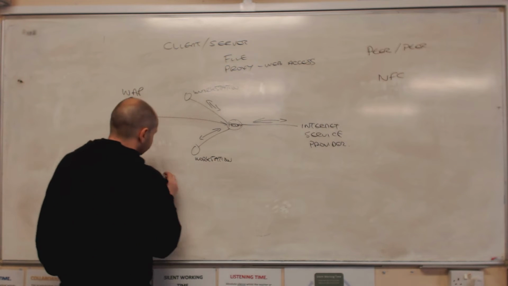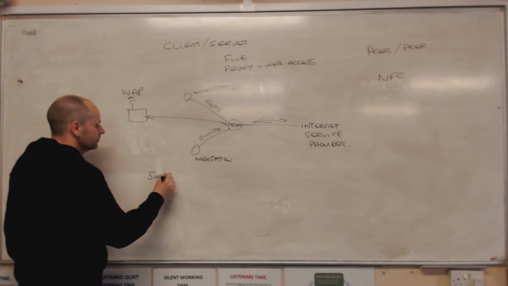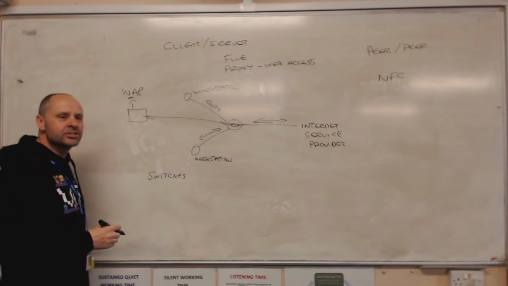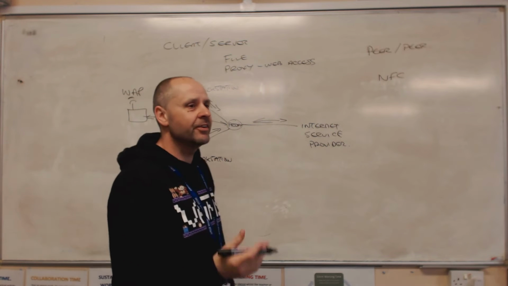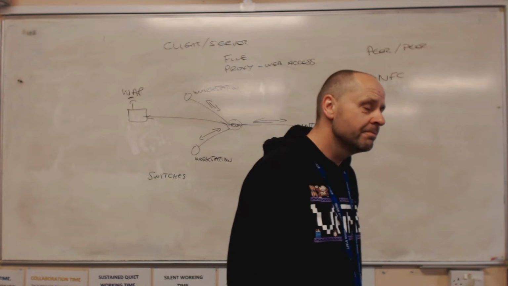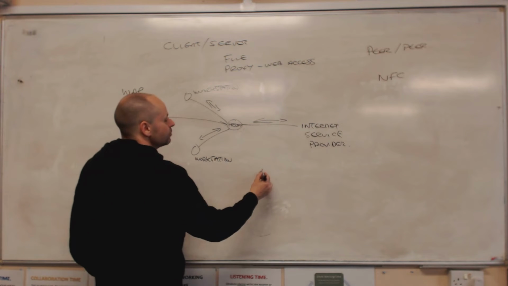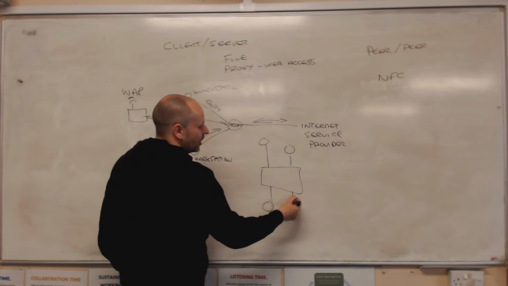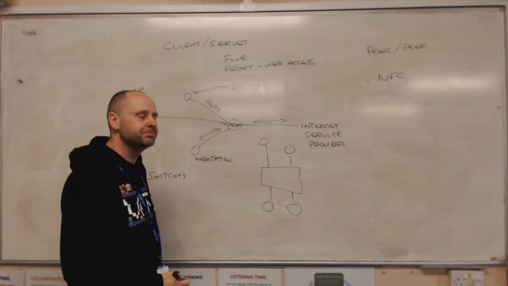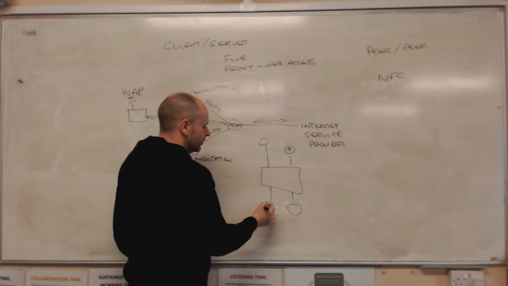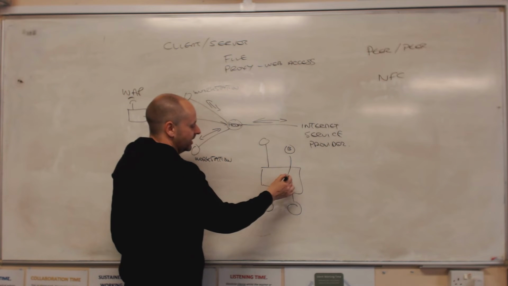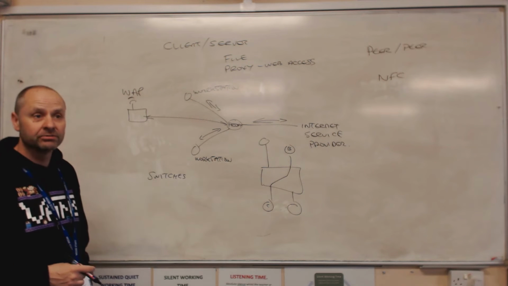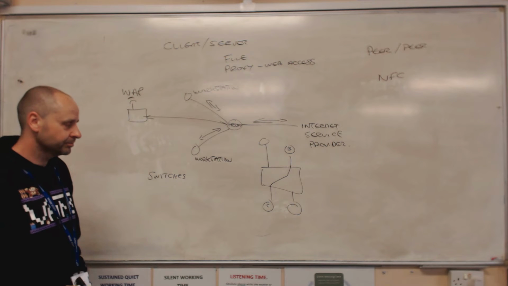Routers and switches. Switches allow you to physically connect devices together using cables. Okay? The way that switches work, let's say we've got a switch with 4 computers on it, and this computer wants to talk to this computer, internally the switch makes a physical connection for you.